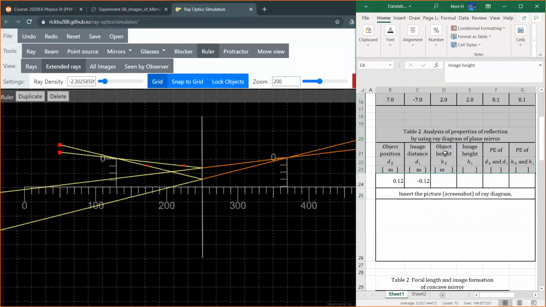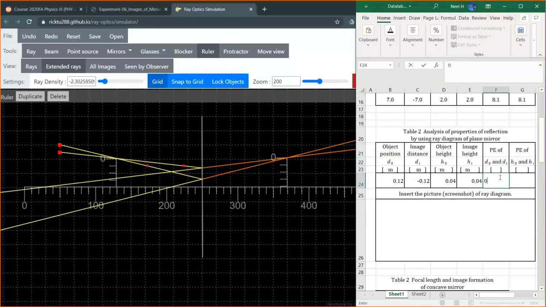Now how many small segments are there on my meter ruler? 1, 2, 3, 4. 4 segments. So that should be about 0.04 in meters. And then the image height again: 1, 2, 3, 4. 4 segments, 0.04 in meters, unit meters. And then the percentage error between the DO and DI.